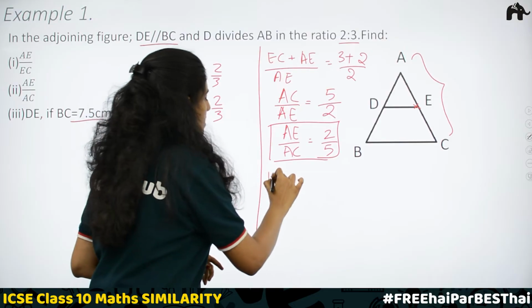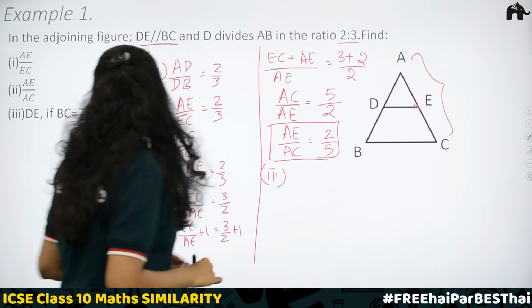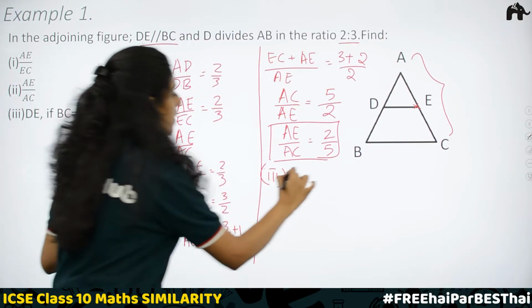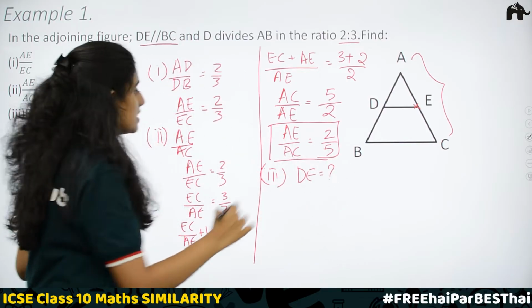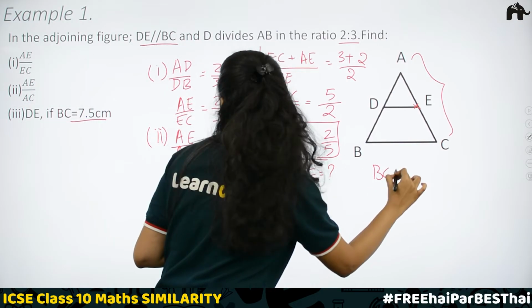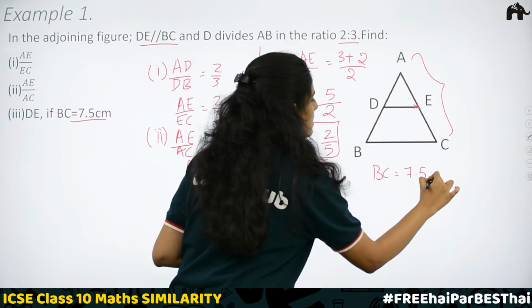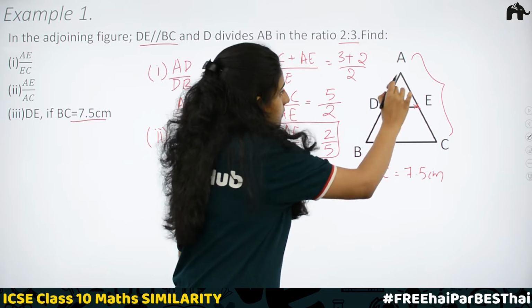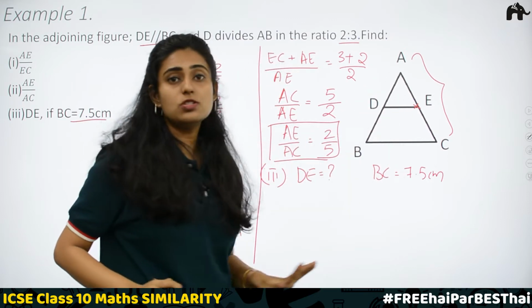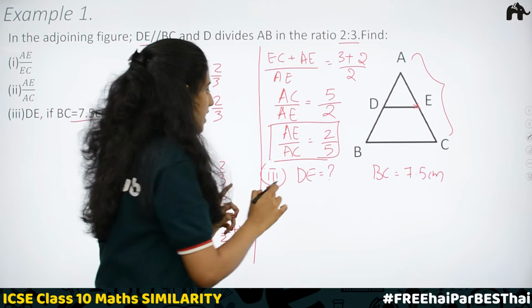Now the third question. We have to find the length of DE if BC is equal to 7.5 centimeter. For that we need to find if these two triangles are similar. Which triangles?